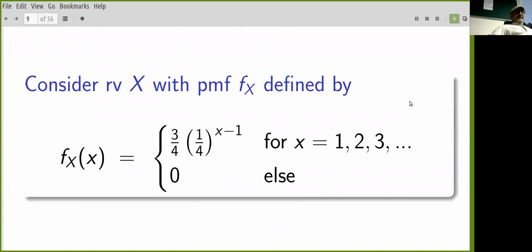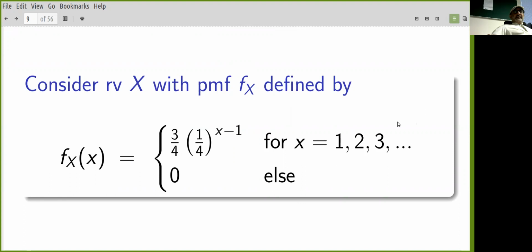Now, how about this one? We have a random variable x. It takes values 1, 2, 3, and so on. And it takes these values with the probability 3/4, 1/4 to the x minus 1 for the allowed values of x.